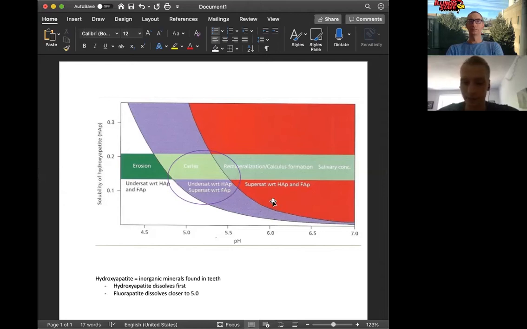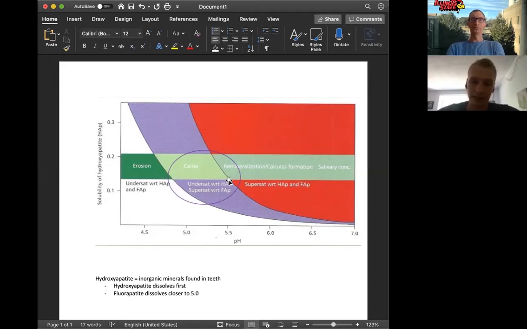So, when the acid is produced in your mouth by the bacteria on your teeth, the pH in your mouth drops and it becomes undersaturated with the hydroxyapatite. And so that hydroxyapatite is then being pulled out of your teeth, which makes them weaker.